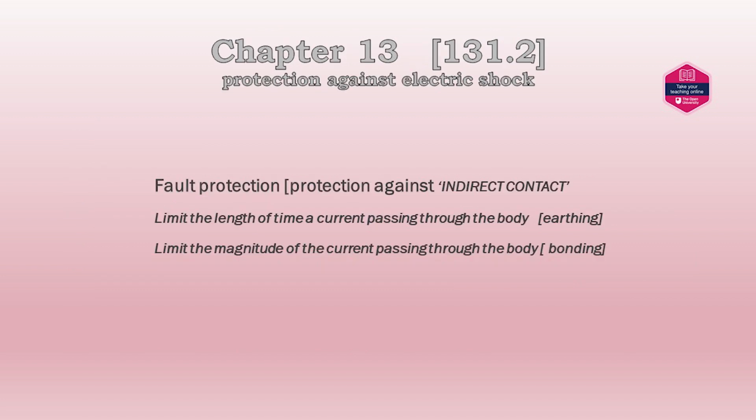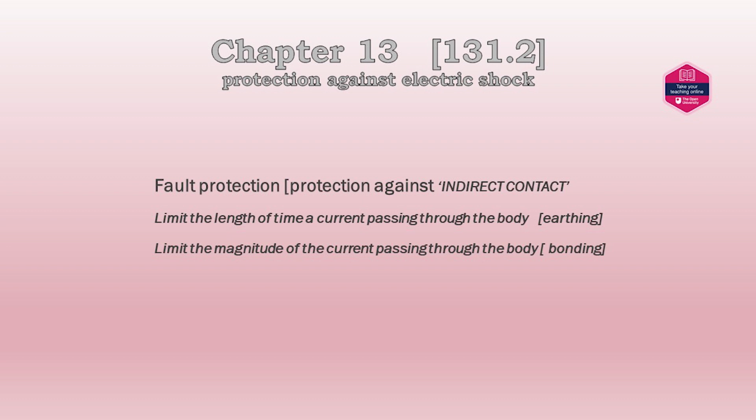The next regulation, 131.2, which doesn't go into the technical detail of how to achieve it, explains that there are 2 ways to protect against getting an electric shock: basic protection, which is protection against direct contact, and fault protection, which is protection against indirect contact.